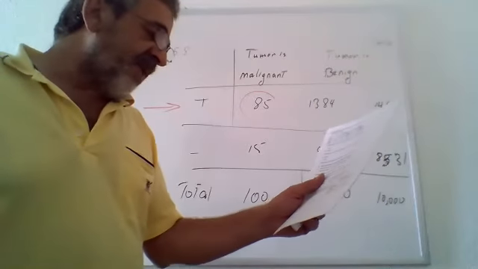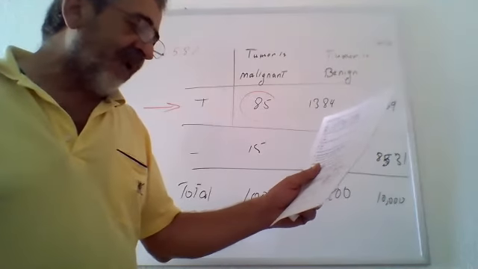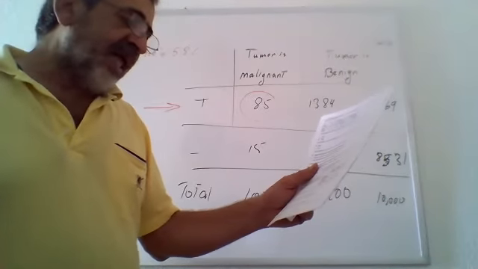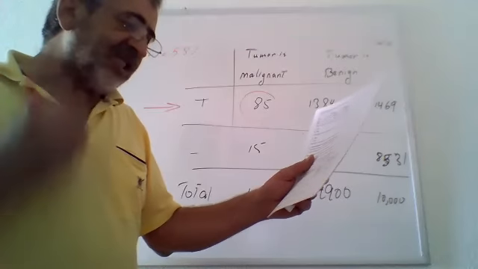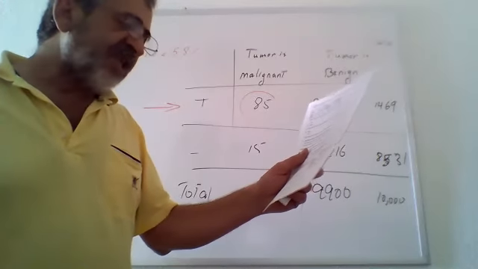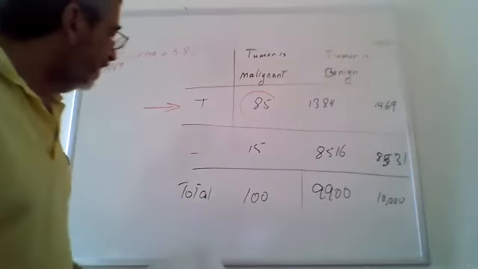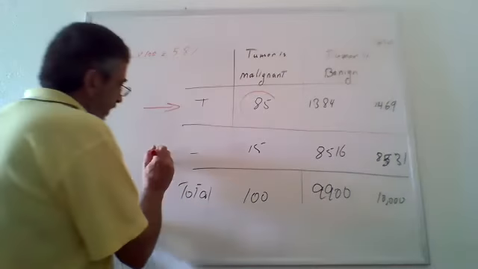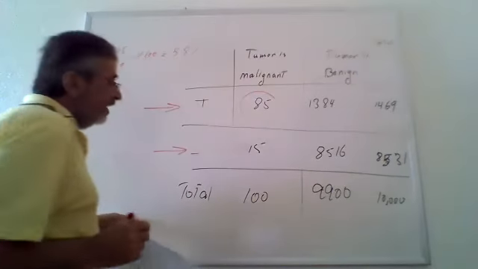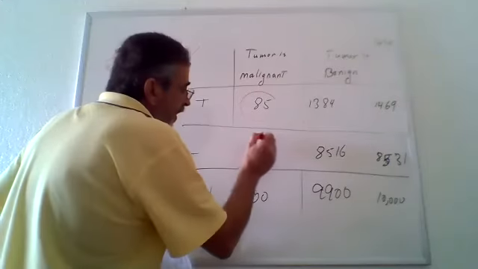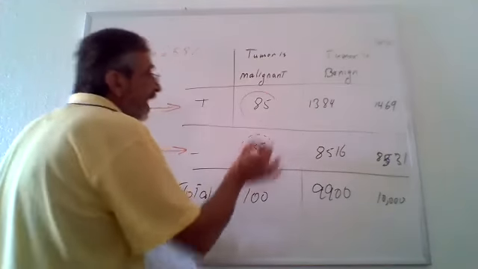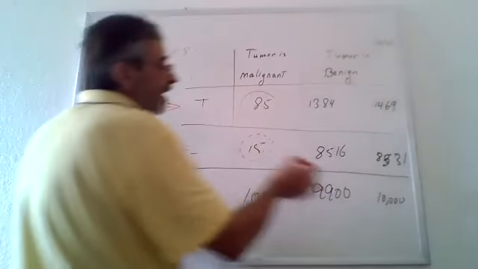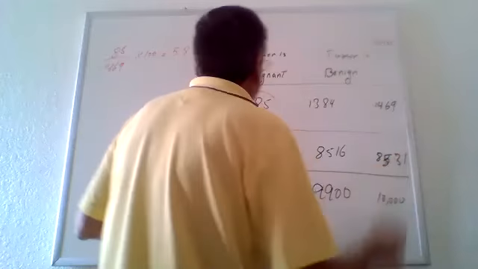It says, suppose a patient has a negative mammogram. What is the chance that she actually does have cancer? So for the people who test negative, here's the negative testing right there. 15 actually will have cancer out of 8531.